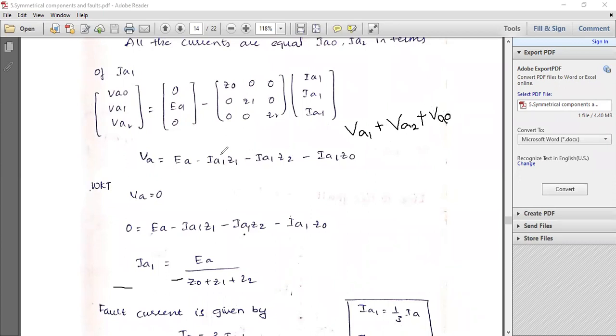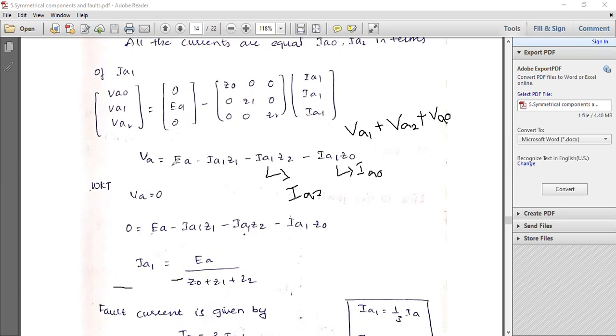So VA1 is equal to EA minus IA1 into Z1, minus VA2. Already we have substituted IA2 and IA0 in terms of IA1, so directly you can substitute the same. Originally, frankly speaking, this is IA2, but we have already proved that IA1 is equal to IA2, so we have directly substituted IA1 here. In this case also, this is IA0.